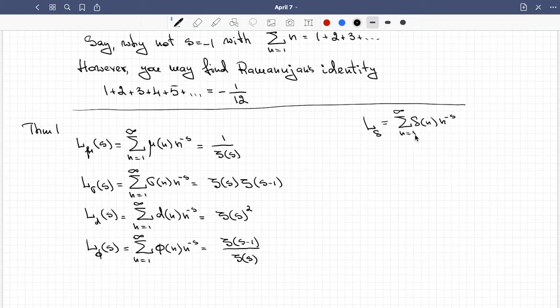We end up with only one term which survives, namely with n equals 1. Delta 1 is 1, and 1 to the negative s is also 1 independently of s. So this is 1. In this case, the function is not related to Riemann's zeta function, but it stays trivial and not very interesting.